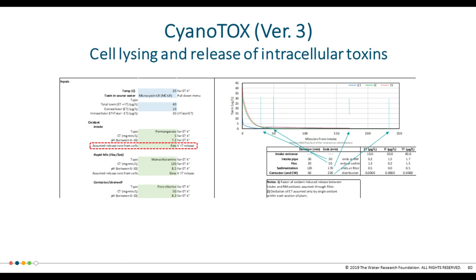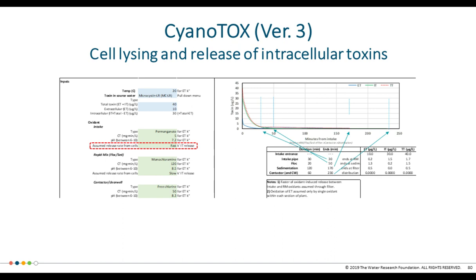But what if we do another case where we get a very fast release of the microcystin in the intake due to the permanganate oxidation? In this case, we get a very fast release and subsequent oxidation within that pipe of the microcystin by the permanganate within that 30 minutes.